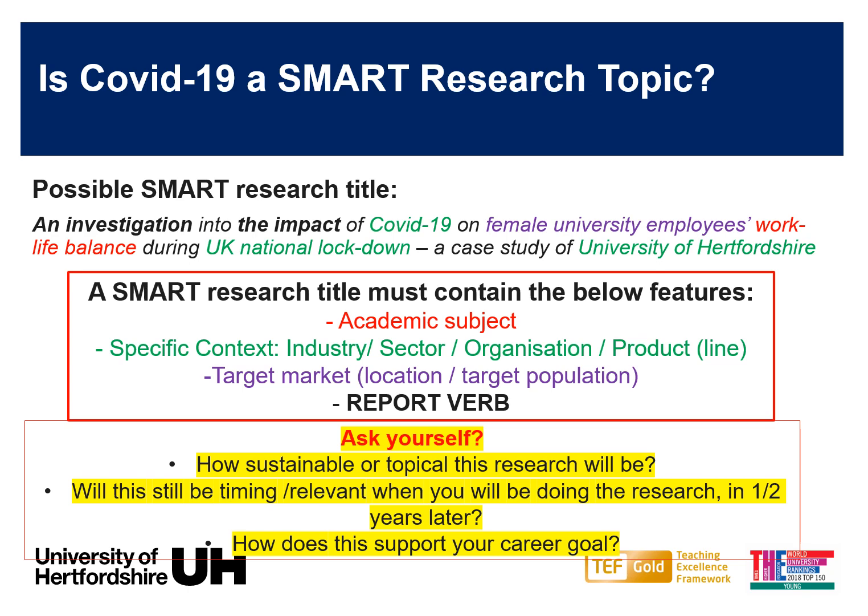And there's a particular target population we're investigating, not everybody, but university employees, and even more specifically, females. And the reporting verbs are the investigation and the impact. So it's quite smart, isn't it? According to our criteria: specific, measurable, achievable presumably, realistic, and quite timely.